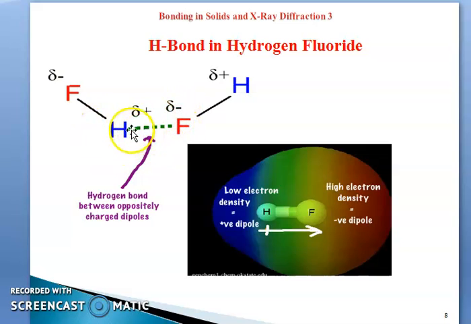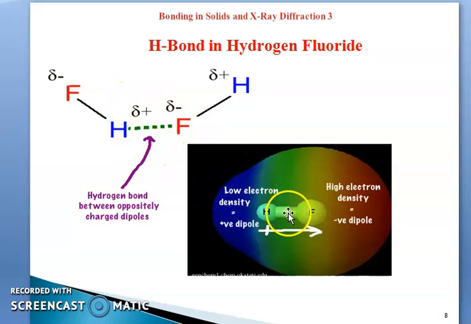Hydrogen is a positive dipole, whereas fluorine is a negative dipole, and hydrogen bond exists between two oppositely charged dipoles. Hydrogen is positively charged, fluorine is a negatively charged dipole. So between these oppositely charged dipoles, hydrogen bond exists.